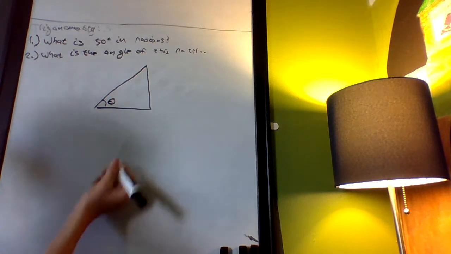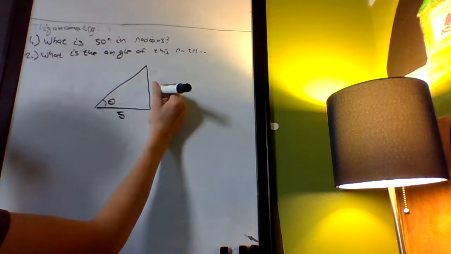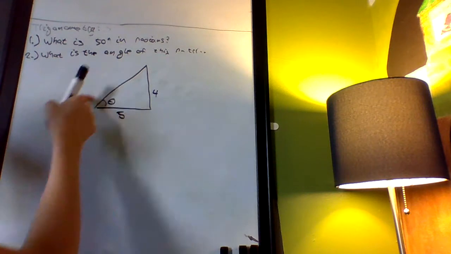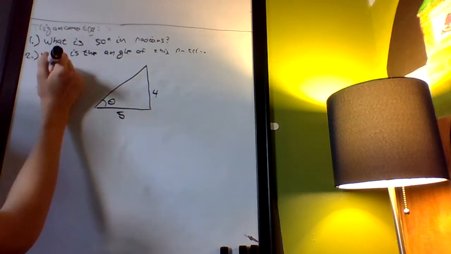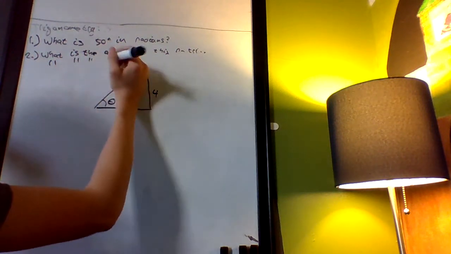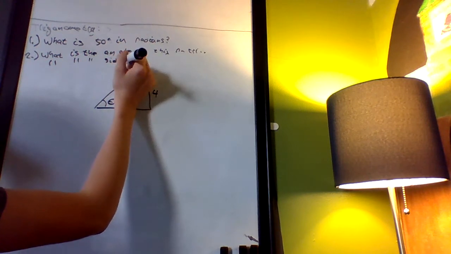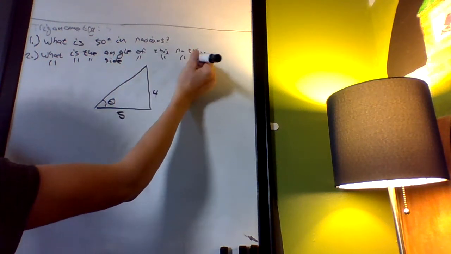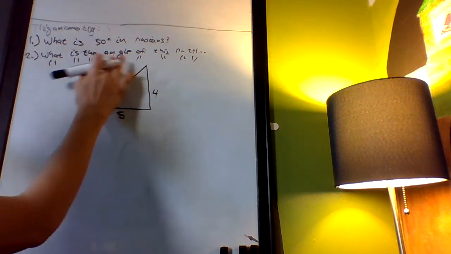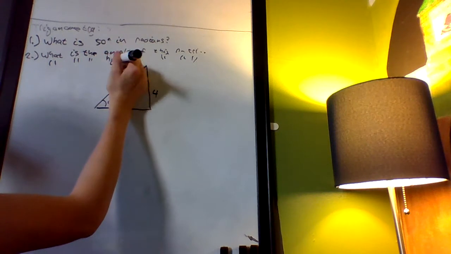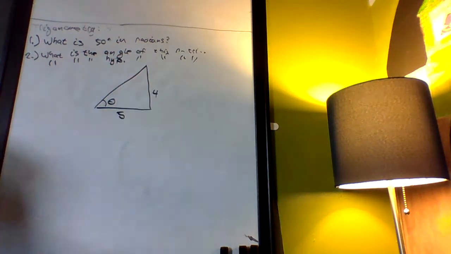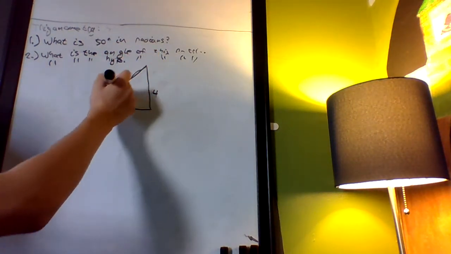And it's going to be a 5 and a 4. Also figure out this side length. Right? What is the side length? The hypotenuse. Hypotenuse of this right angle triangle here.